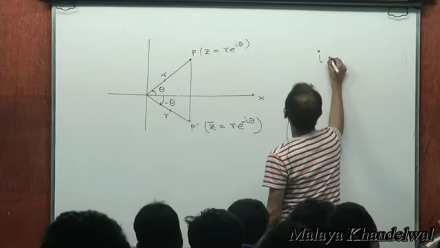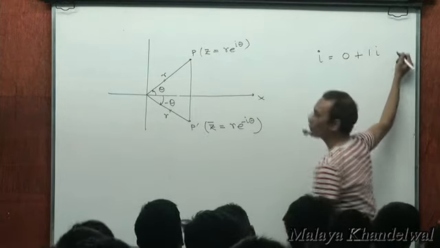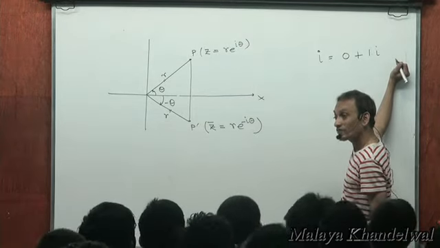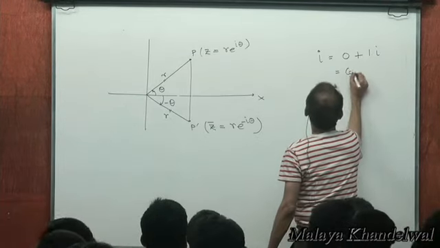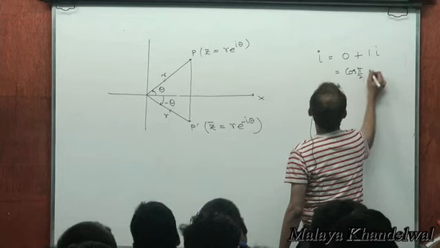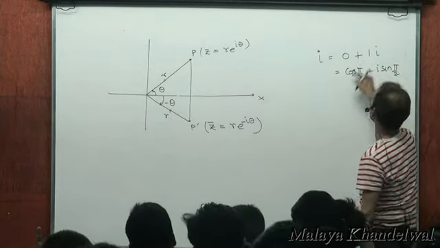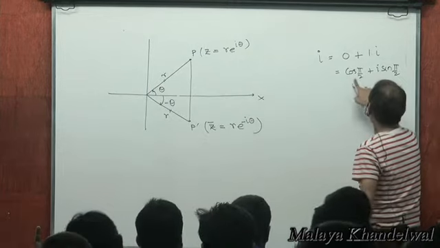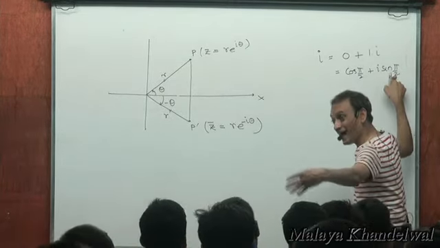1 could have been written as 0 plus 1 into i, yes or no? Which is cos pi by 2 plus i sin pi by 2. Sin pi by 2 is 1, cos pi by 2 is 0. Cos theta plus i sin theta is e to the power i theta.